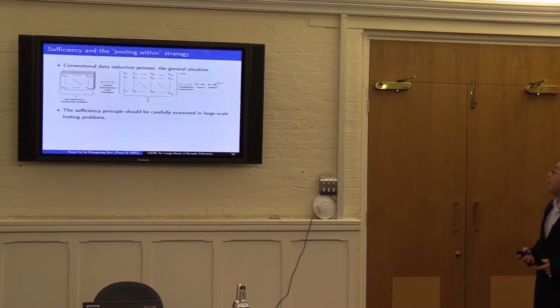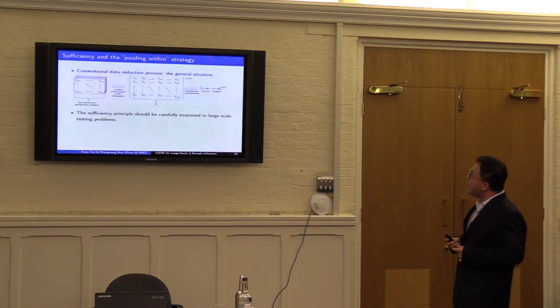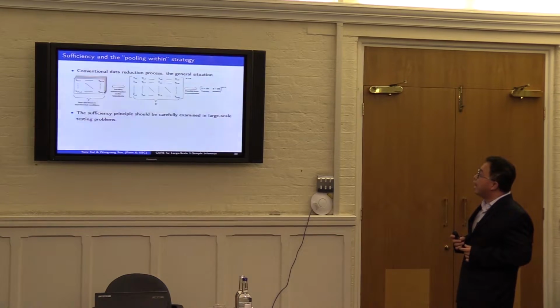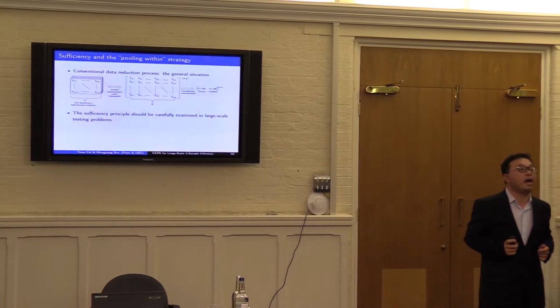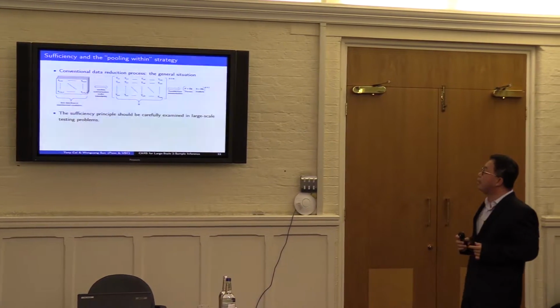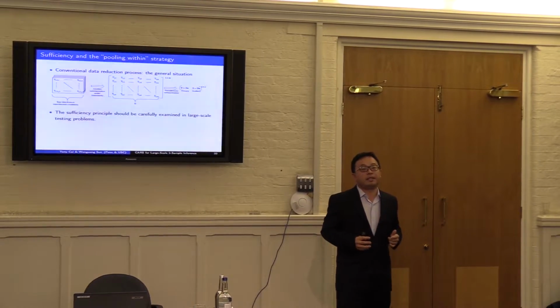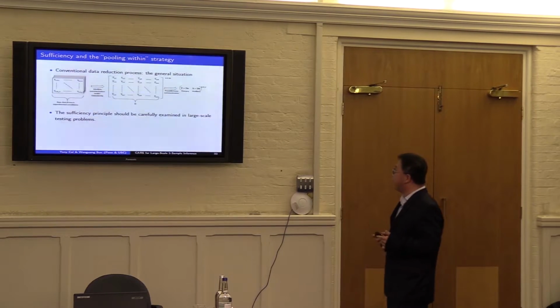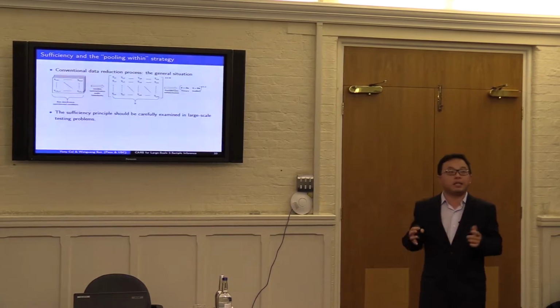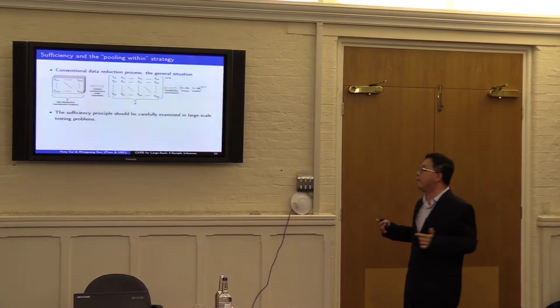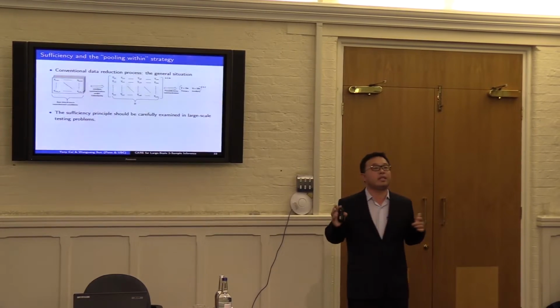All right. So the second point I want to make is that, as Tony pointed out in his previous discussion, the conventional data reduction process is inefficient because it leads to a substantial loss of information. And this is a more general situation.